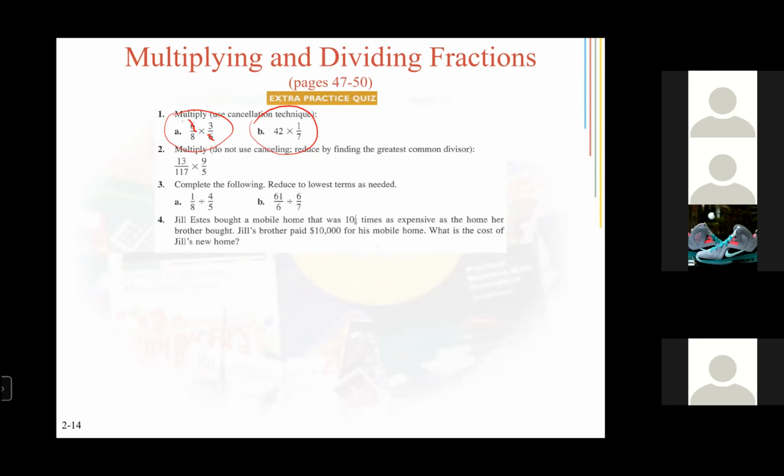How do you do that one? You have to change the whole number into a fraction. So that's 42/1. And then you can cancel the 42 and the 7.